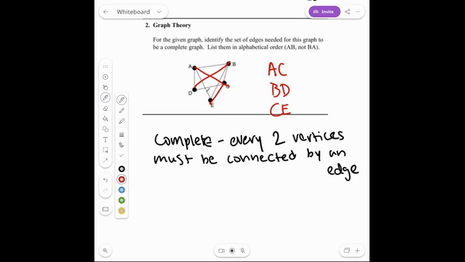We have DA, DB, DC, DE. And then we see E is already connected to everything. Therefore, the four listed edges are the ones needed for the graph to become complete. And this is the correct solution.